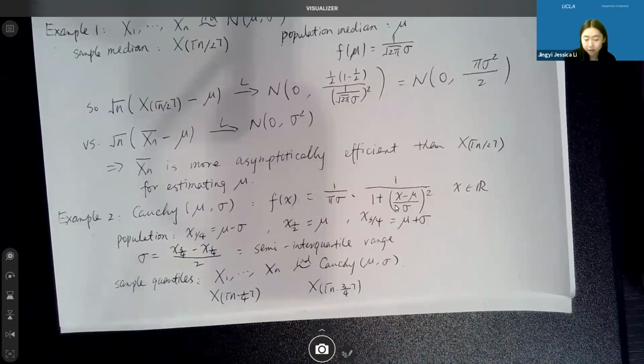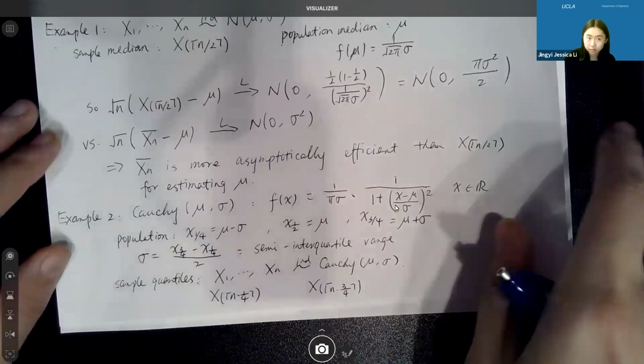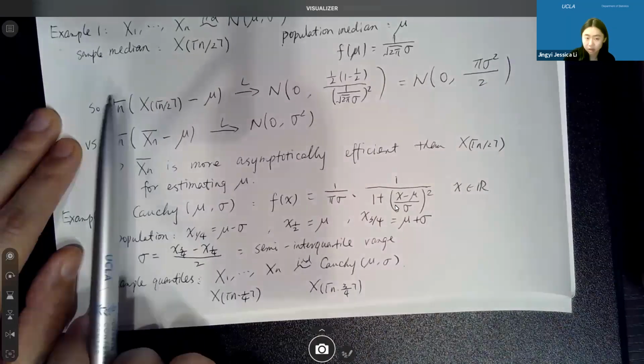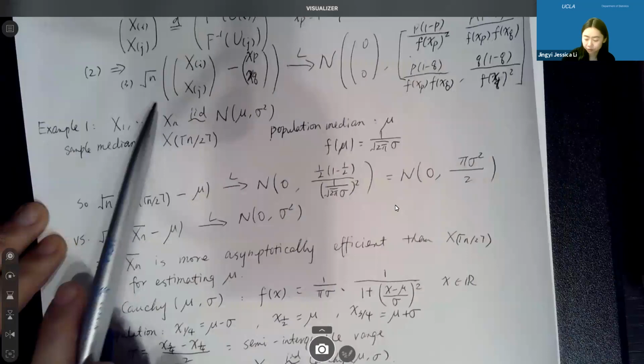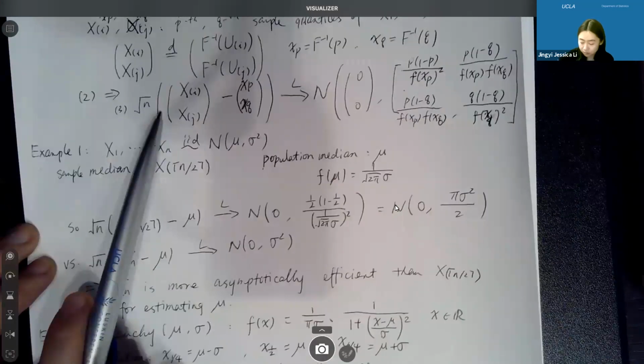And we want to know its efficiency. What's its asymptotic distribution? So to do that, we are going to directly apply our result 3 for that purpose. So by 3, let's just do the direct application.